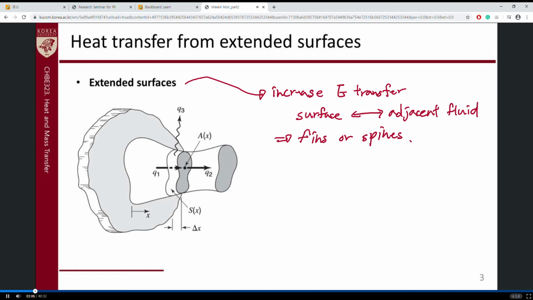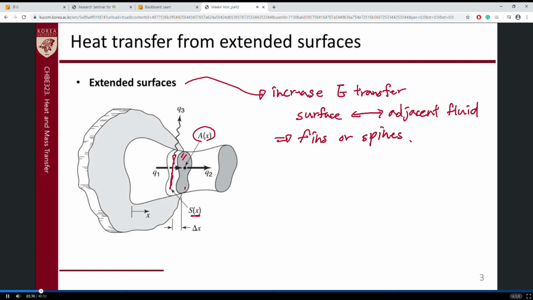In this situation, there is the initial surface at x equals 0, right? But we added the extended surface like this, having an area like this. This area is defined as the cross section of the extended surface, Ax, and this Sx is the whole surface area, comprising this area plus this part as well.